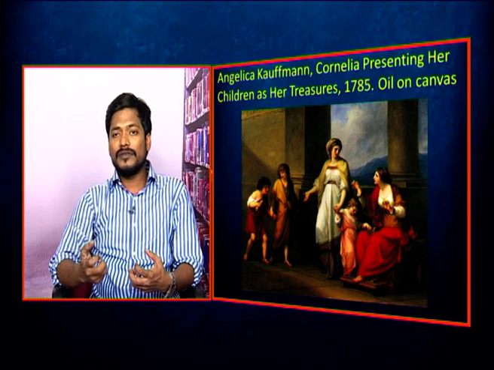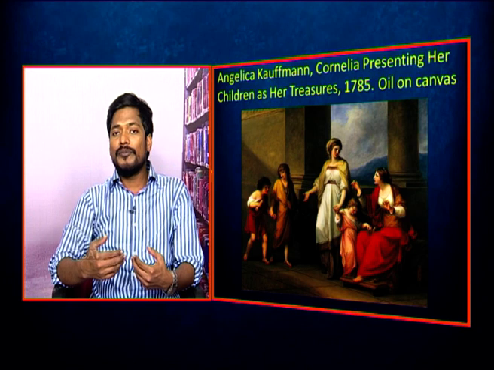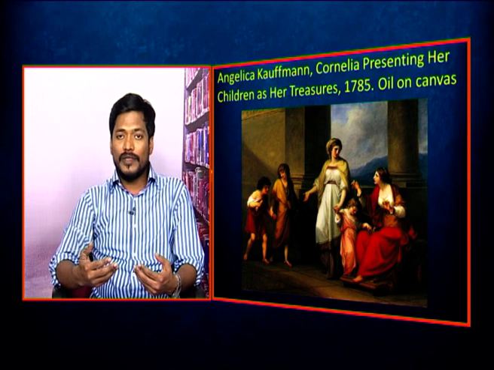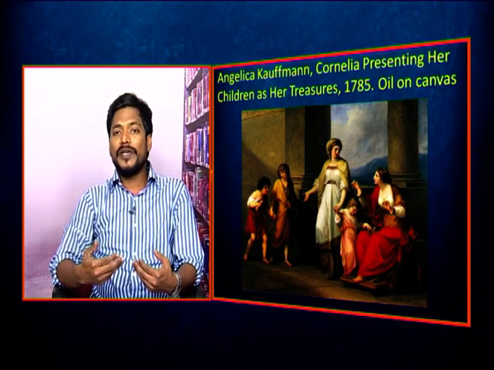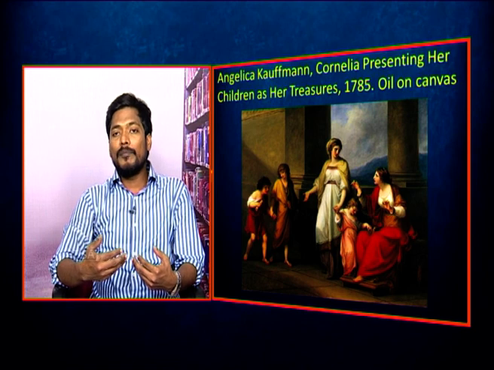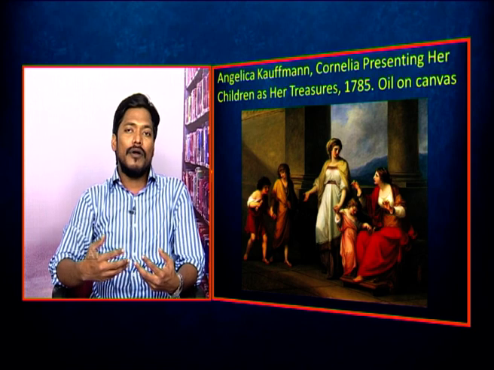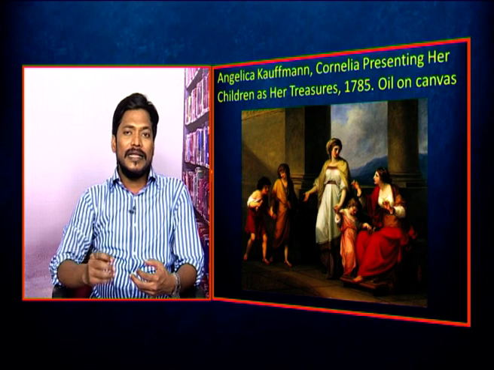The sons are not only the sons of Cornelia, but are going to be part of the nation. They are going to participate in the upliftment of the nation, or in the war if it is required. This is very much like the Greek context.